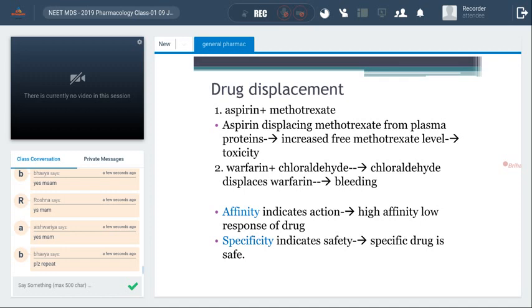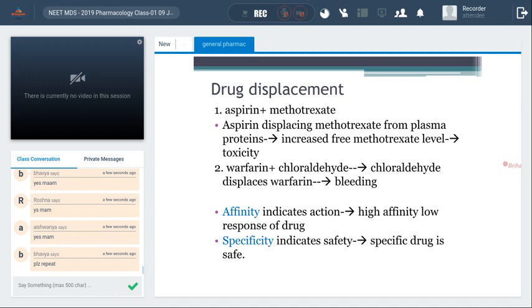For example, aspirin plus methotrexate. Now, the patient is on methotrexate for whom you give aspirin. Aspirin displaces methotrexate from the plasma protein. So what happens? Once it displaces, no bound form, only free form. So increased methotrexate levels, which results in toxicity. Similarly with warfarin and chloral hydrate. Chloral hydrate will displace warfarin, so more levels of warfarin free form.